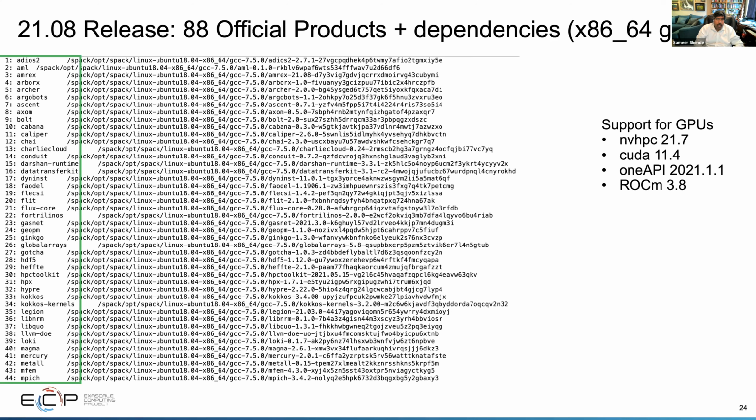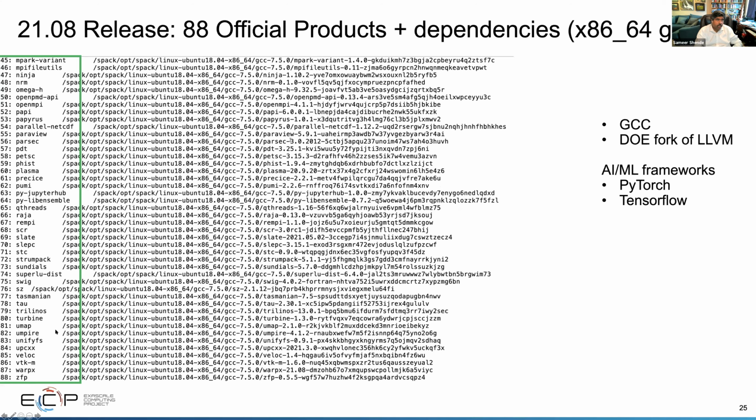In this one image, we have NVHPC 21.7, CUDA 11.4, oneAPI, and ROCm for AMD. So we have support for all three GPU runtimes. Here are some of the packages you can see: this is 1 through 44, and the exact location where they are installed within this image. This is 45 through 88 of these packages.